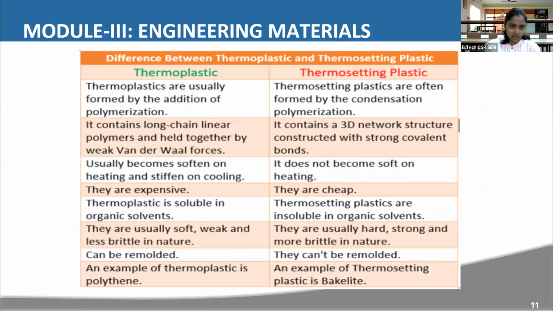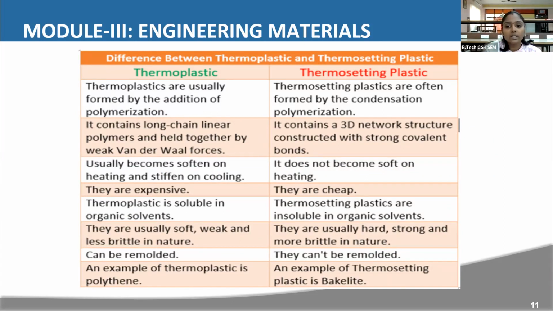And again, the differences between the thermoplastic and the thermosetting plastic. Thermoplastics are usually formed by addition polymerization. Thermosetting plastics are often formed by condensation polymerization. Thermoplastics contain long chain linear polymers held together by weak van der Waals forces.